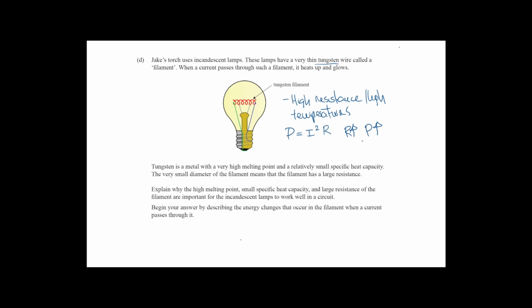The resistance is usually something you try to avoid often in circuits, but with a light bulb we're actually going to exploit that resistance to turn the heat into light. Okay, the second thing that the tungsten has is a small specific heat capacity.